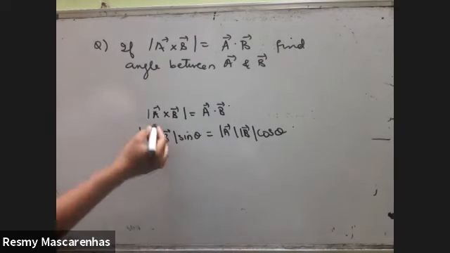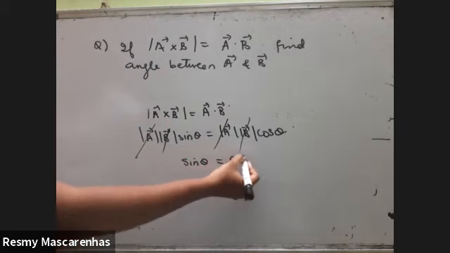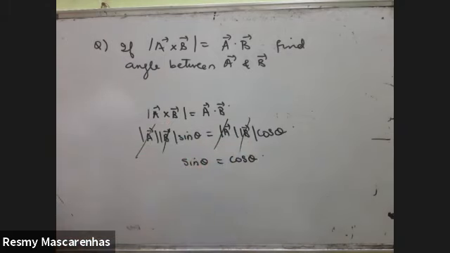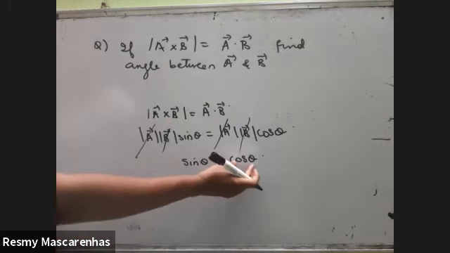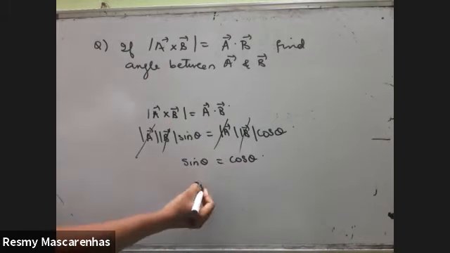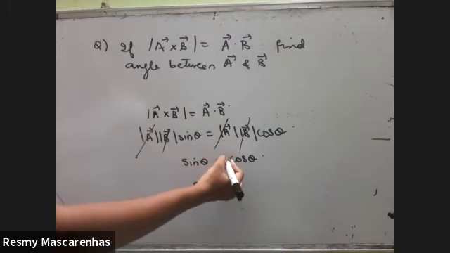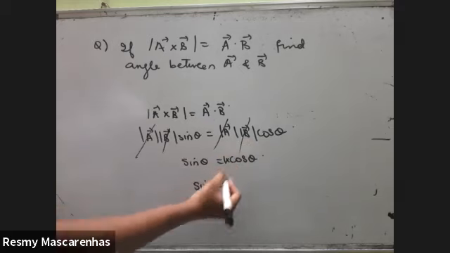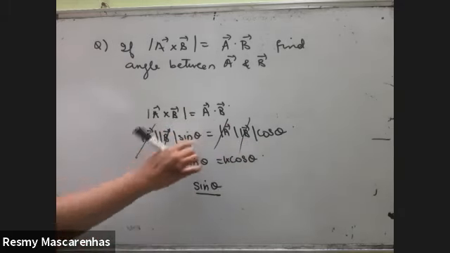So what is going to happen? It's the same thing on both sides, so AB will cancel. What remains is sin theta equals cos theta. Now bring cos theta to the other side. After cancelling, the fellow on this side will have 1.